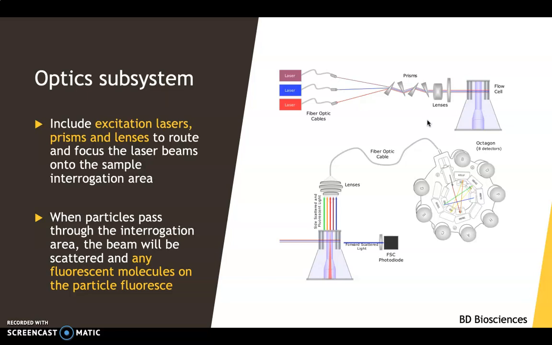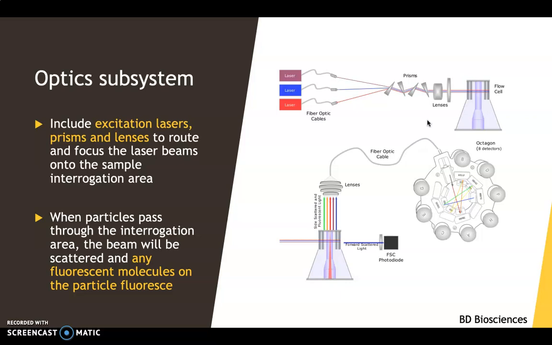So for the optic subsystem, it will include excitation lasers, prisms, and lenses. And these three components will route and focus the laser beams onto the sample in the interrogation area, or we call it the flow cell.